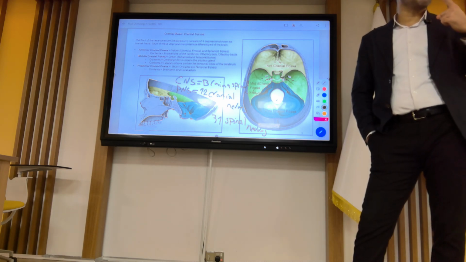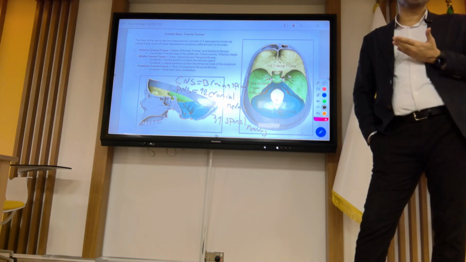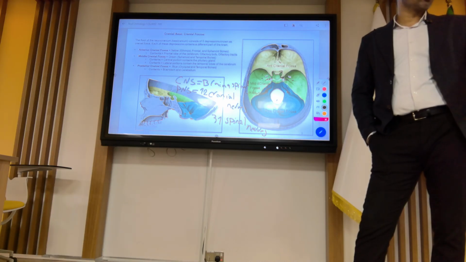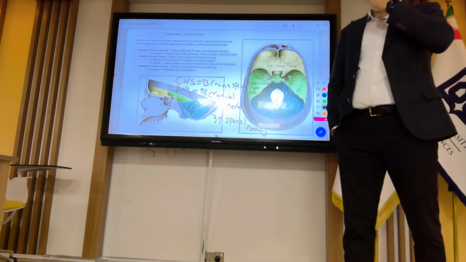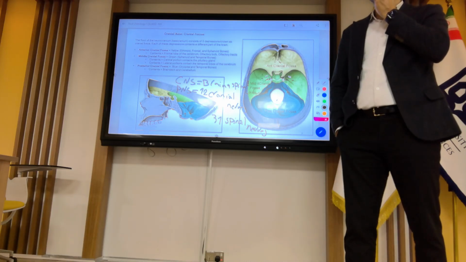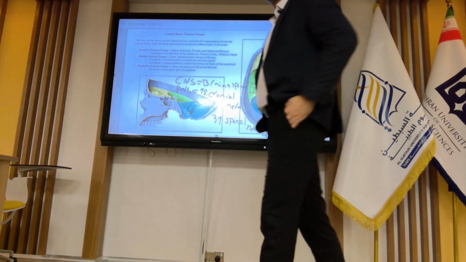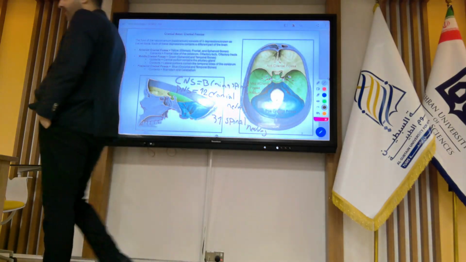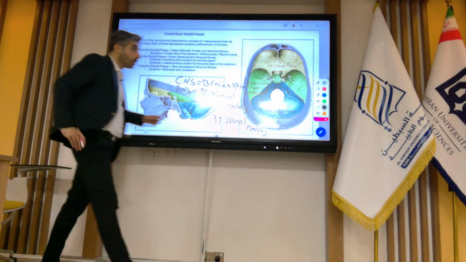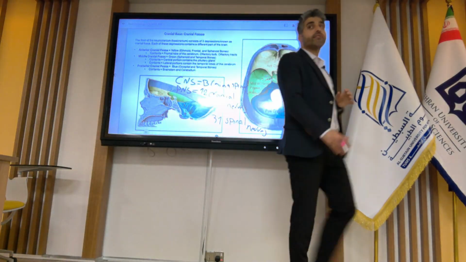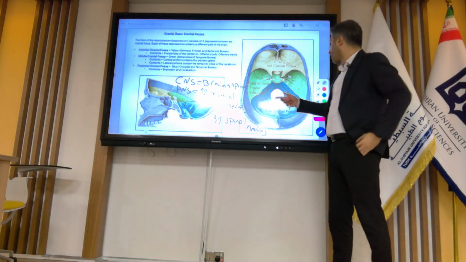Cranial nerve number 7 is the facial nerve, for the face. Cranial nerve number 9 is the glossopharyngeal. So all of these foramens are for nerves, vessels, and veins.